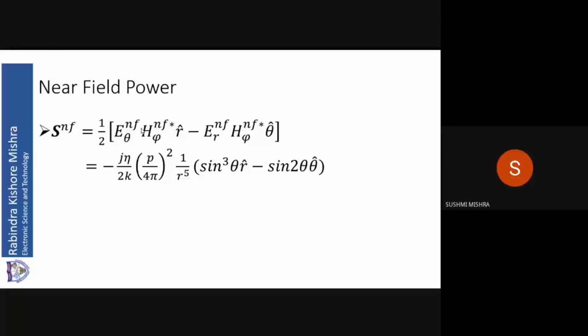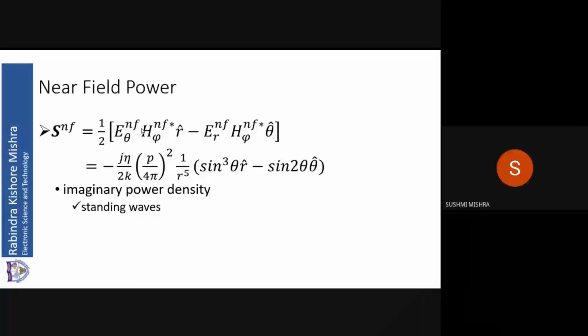So the whole thing is imaginary. S NF has an imaginary power density. So in the near field, the power density is imaginary in nature. If it becomes imaginary, there will be no radiation. When it becomes imaginary, whatever you are sending is coming back.